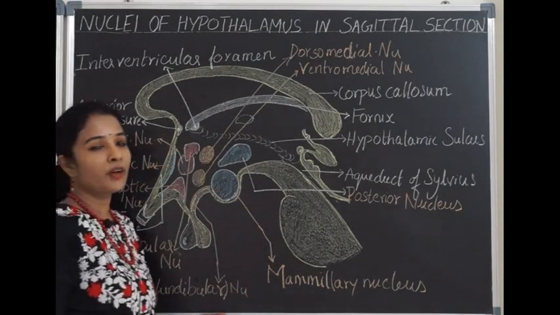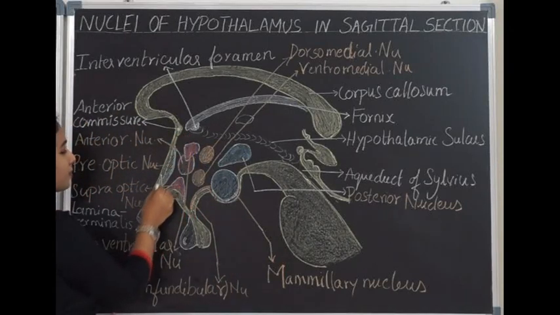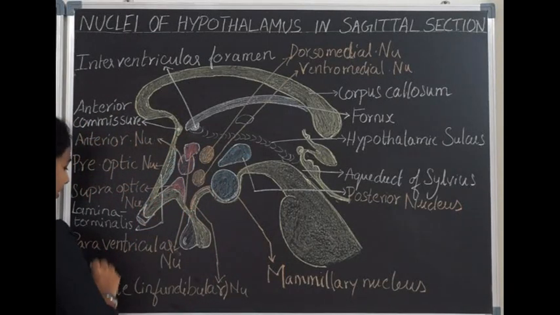Coming to the boundaries of the hypothalamus, anteriorly it is bounded by the lamina terminalis.